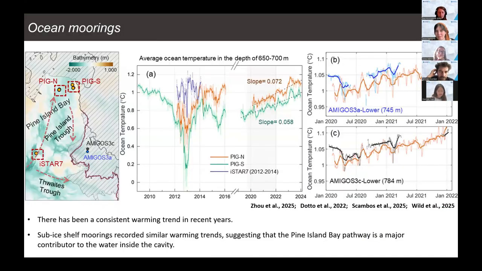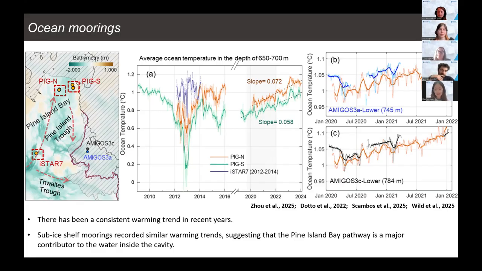There are also some ocean mooring data available in Pine Island Bay. So we also analyzed the ocean temperature change in this area. The middle figure shows the temperature change at depths between 650 meters and 700 meters. We can see that in recent years, the temperature has been increasing, and has just returned to a warm level similar to 2009.